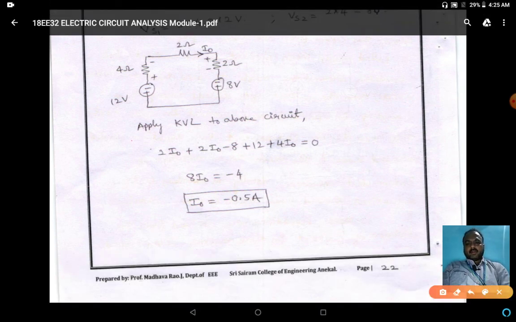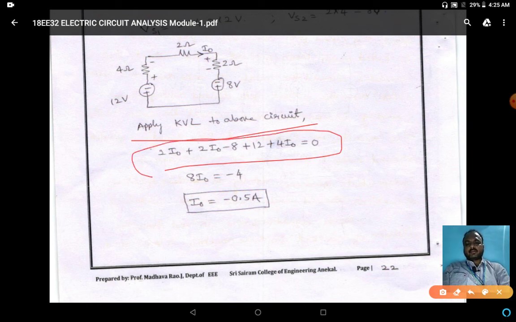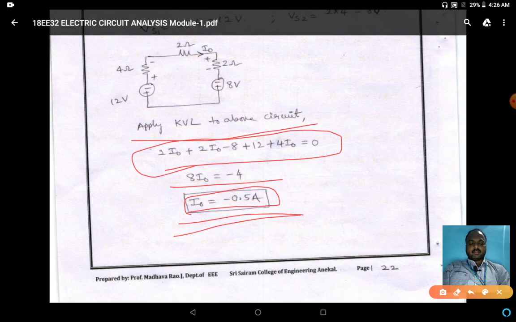After applying KVL, 2 I0 plus 2 I0 minus 8 plus 12 plus 4 I0 equal to 0. Simplify this equation: 8 I0 is equal to minus 4, so I0 is minus 0.5 amperes. So the I0 value is minus 0.5 amperes.